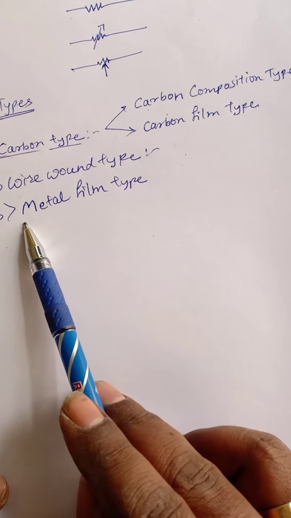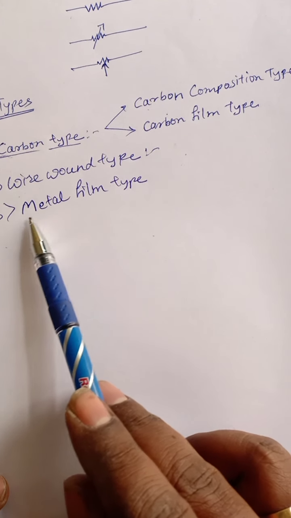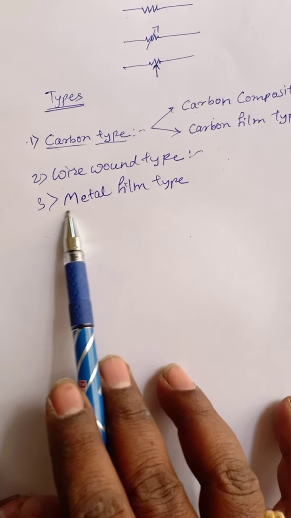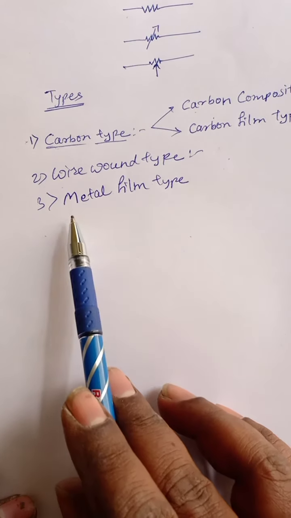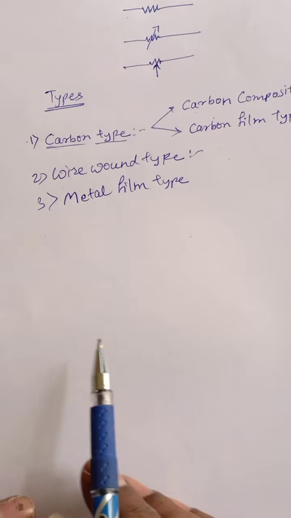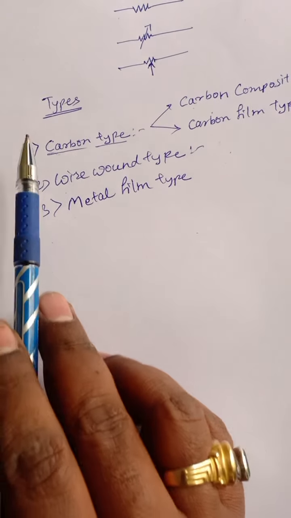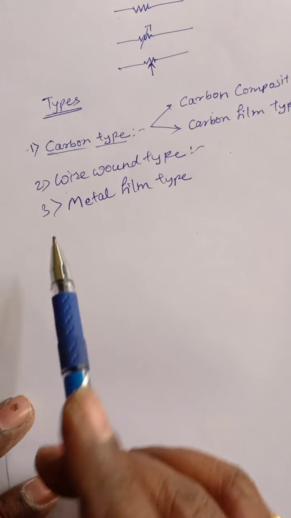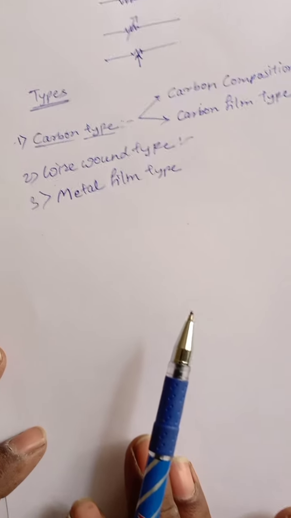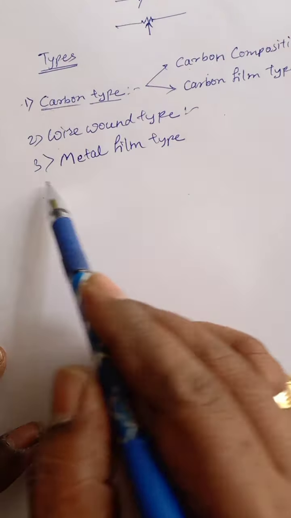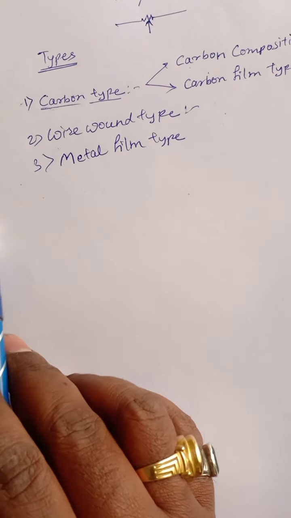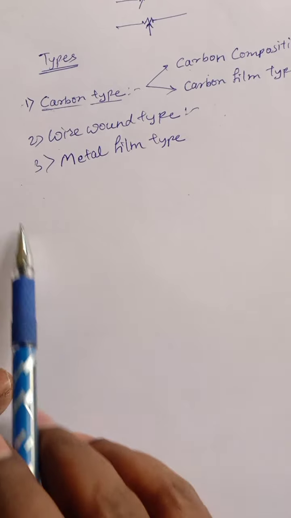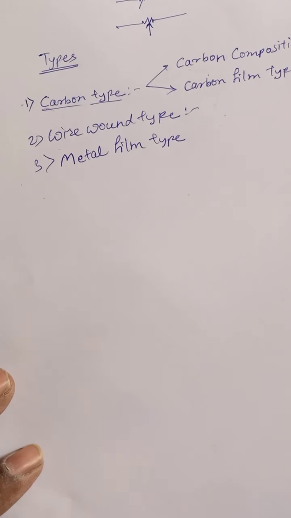If you deposit a layer of that metal on some insulating material, then such a resistor is a metal film type resistor. There are many types of resistors, but we are going to study these 3 only.